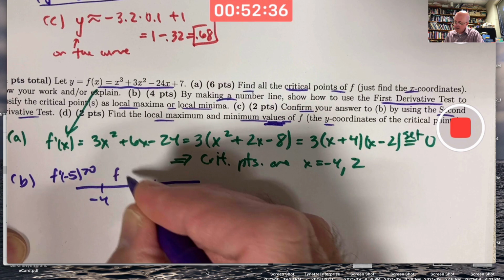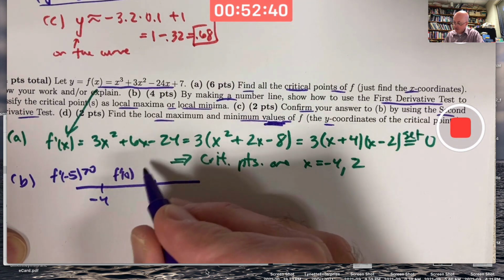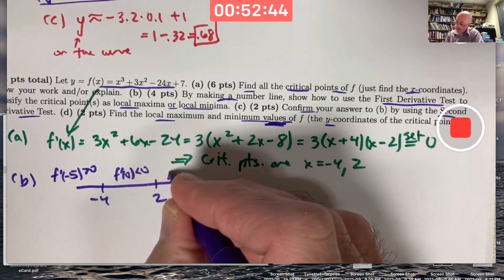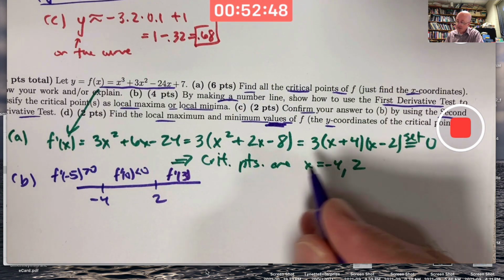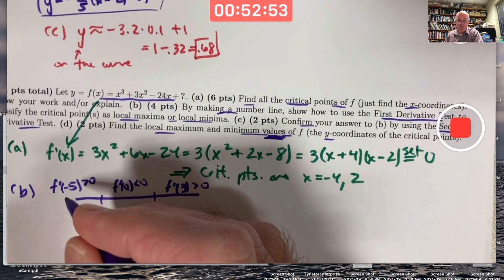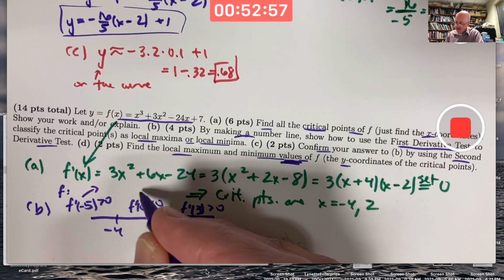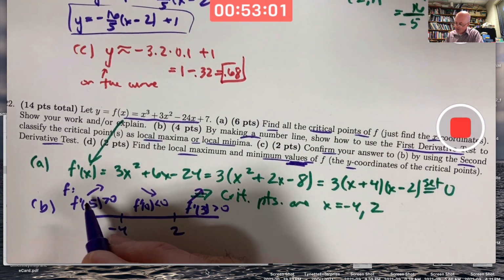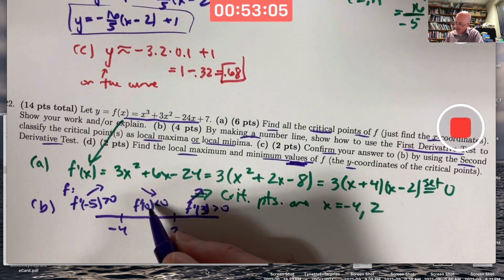Plug in a number in between like 0 into f prime, you're going to get negative 24, that's negative. F prime of 3, plug in 3 for x. In both spots you get positives, and 3 again is still positive. This is positive. So f itself is changing from increasing to decreasing to increasing, and effectively that means the first derivative test tells you that you're going to have a local max at negative 4 and a local min at 2.